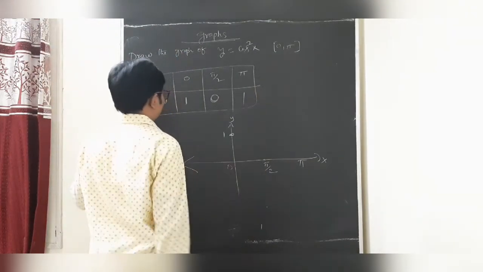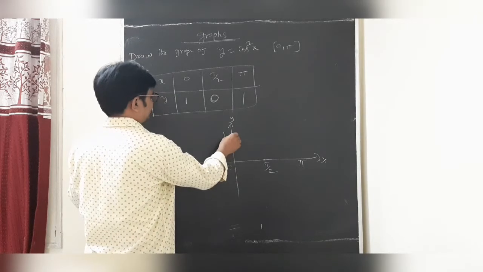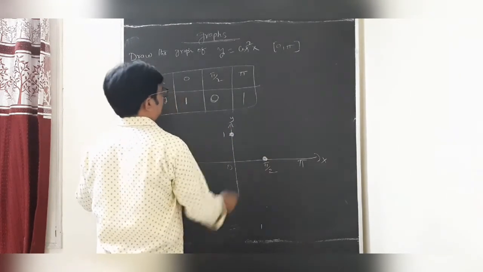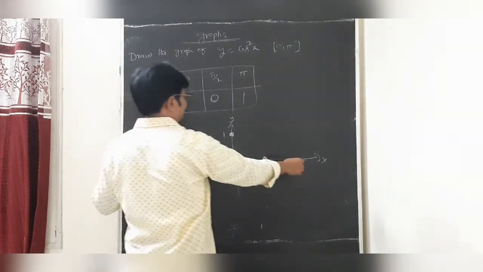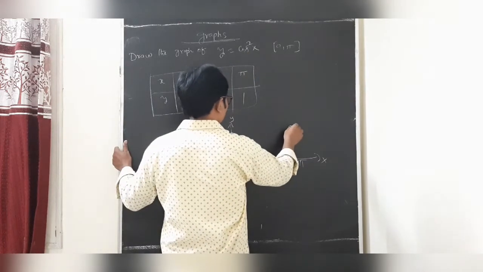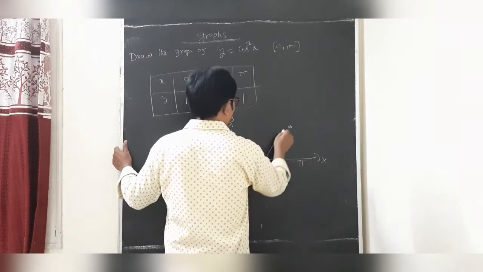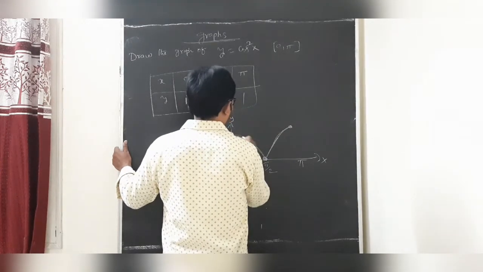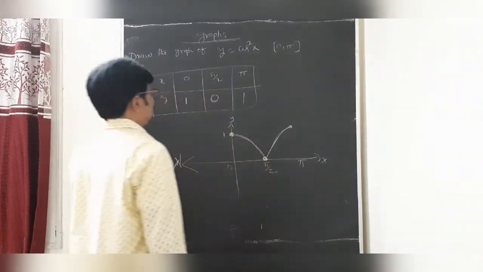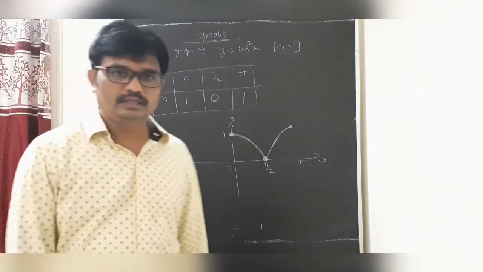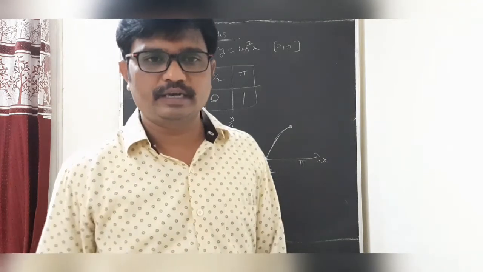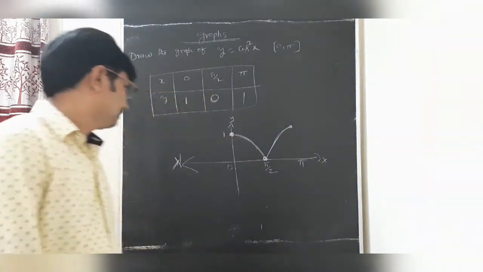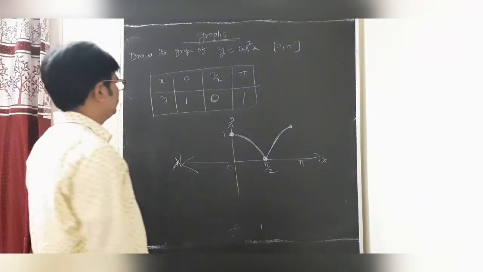So cos 0 is 1, cos 90 is 0, cos pi is minus 1, square is plus 1. So this is the graph of cos square x. The range of cos square x is 0 to 1 only. Is it clear students? Write down.